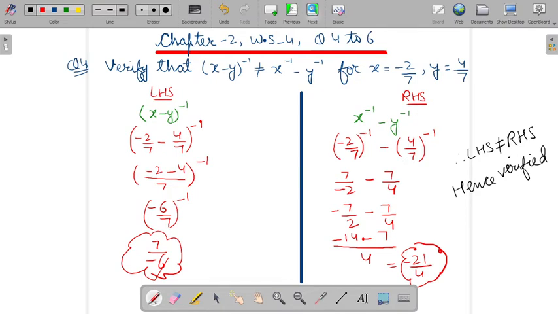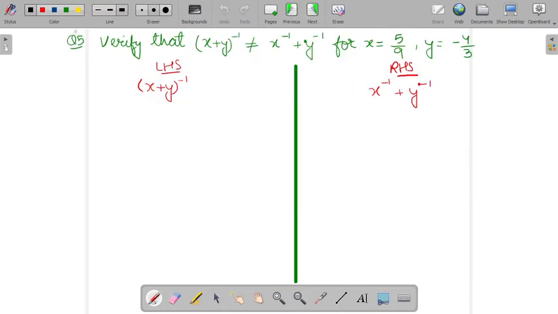Now come to the next question. Question number 5. Verify that (x plus y) inverse is not equal to x inverse plus y inverse. So again this is the same as question number 4, but instead of the minus sign here it is a plus sign. Now let's take this question. So instead of x you will put its value 5 by 9, plus the y value, minus 4 by 3, and reciprocal.